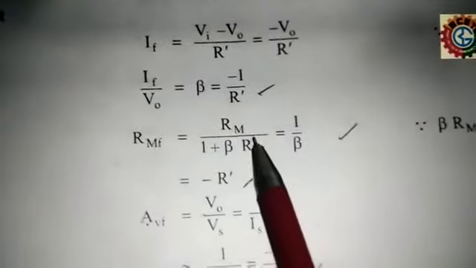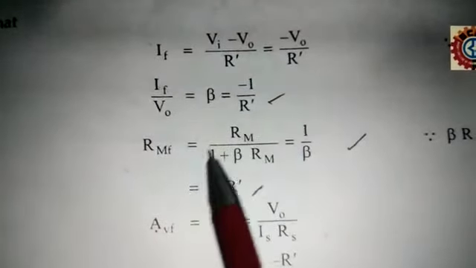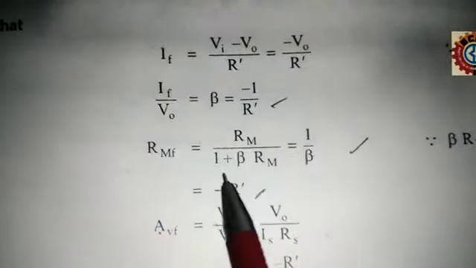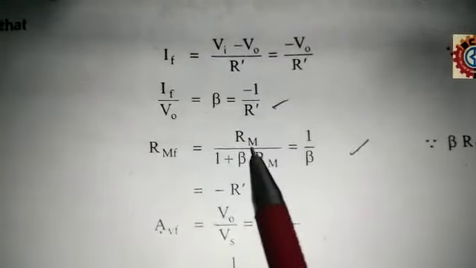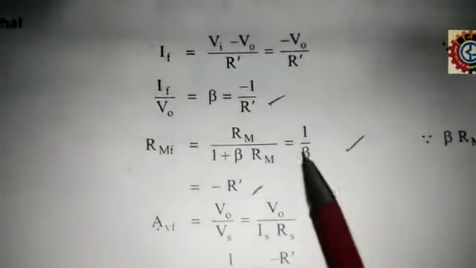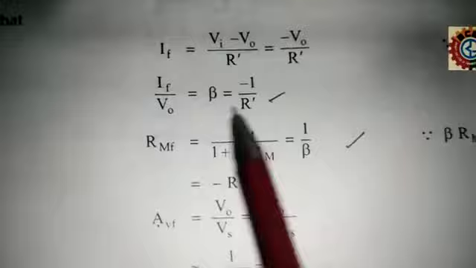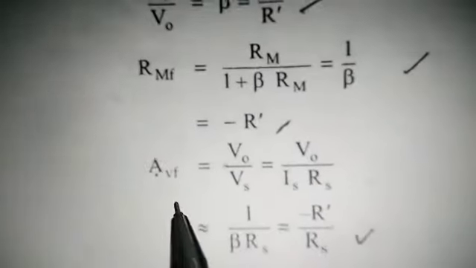So RMF is equal to Rm upon 1 plus beta times Rm. In general, AVF is equal to AV upon 1 plus AV into beta. In place of AV, we will write Rm. In place of AVF, here we will write RMF. So this factor is 1 by beta, and this 1 by beta is, from this, minus R dash. Then calculate AVF.